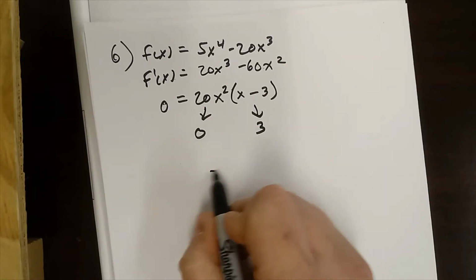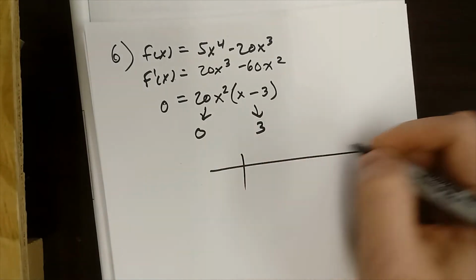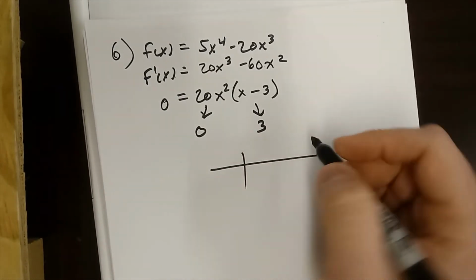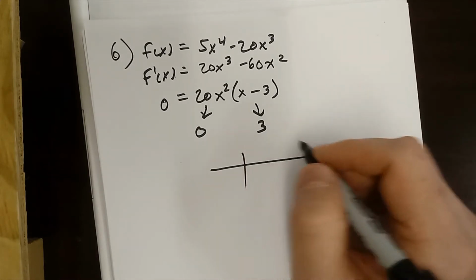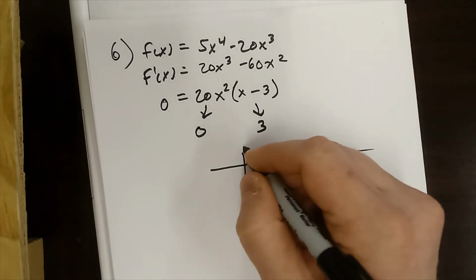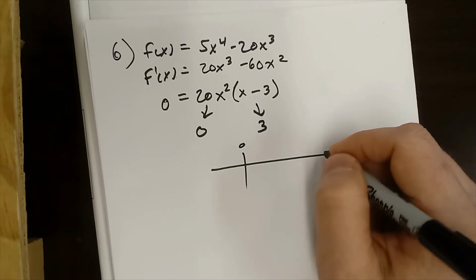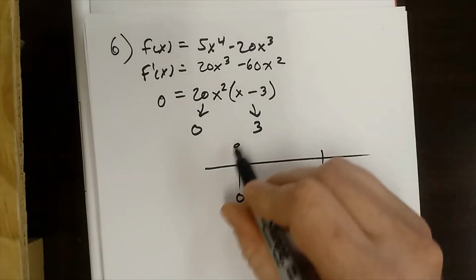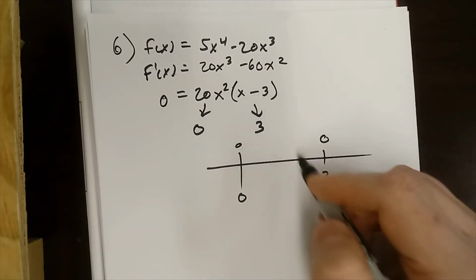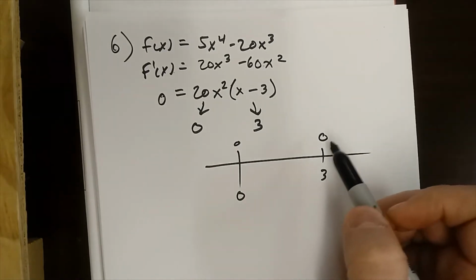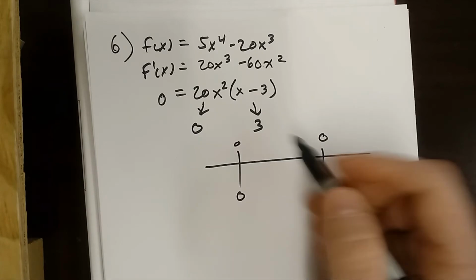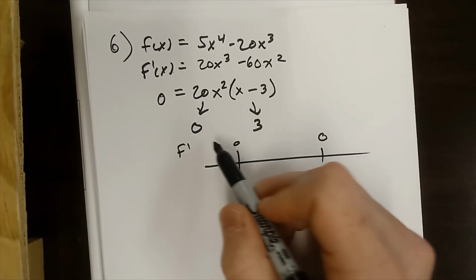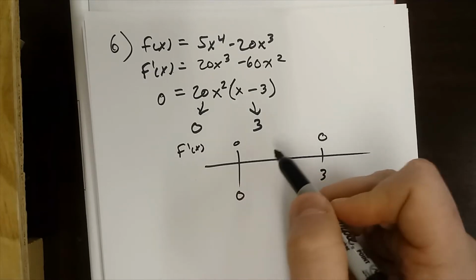And so when we go in and analyze this, I'll do the wiggle graph this time. I'll do it the different way. So we have 0 here, we have 3 here. Remember this is f prime of x.